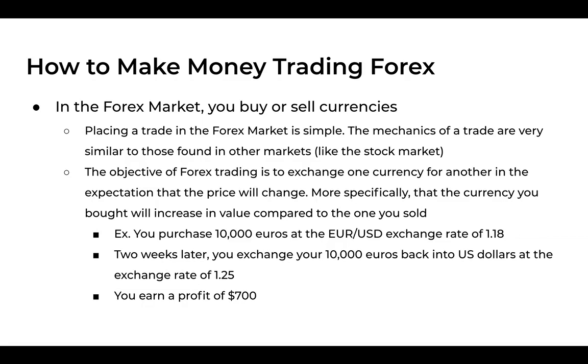An example of this would be you purchased 10,000 euros at the EUR/USD exchange rate of $1.18. Two weeks later, you exchange your 10,000 euros back into US dollars at the exchange rate of $1.25, and you are able to earn a profit of $700.